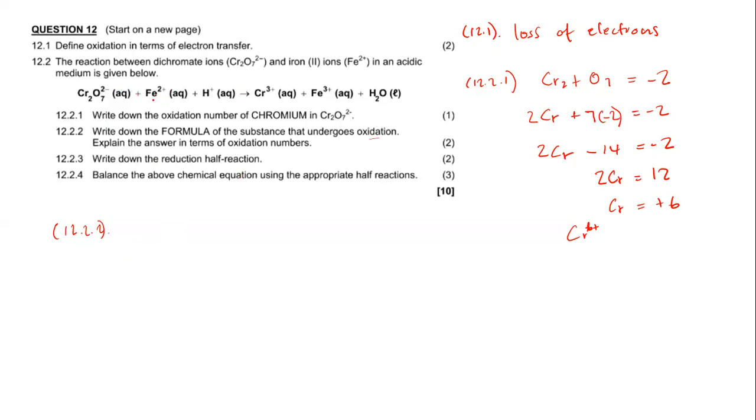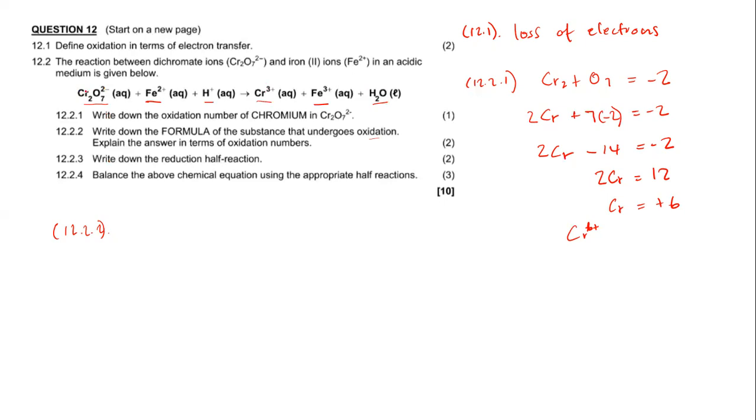Let me show you. Fe2+, Fe3+. These numbers, we call them the oxidation numbers. Cr2O7, we have this. H, we have that. H is there. Cr is there. Now, let us talk about Cr.